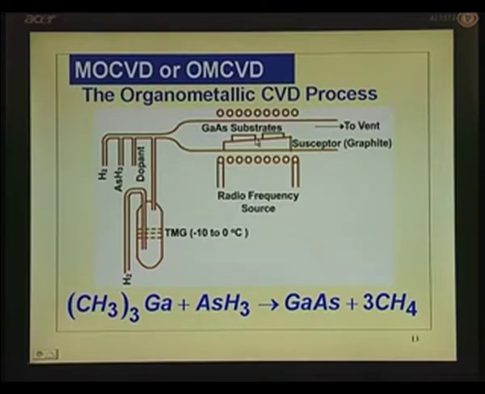That is sufficient for epitaxy of gallium arsenide, 650 to 750. So, at 650 degrees centigrade, you will have this reaction taking place on the surface to release gallium arsenide and methane. You can see the chemistry is simple here, one chemical reaction taking place there.